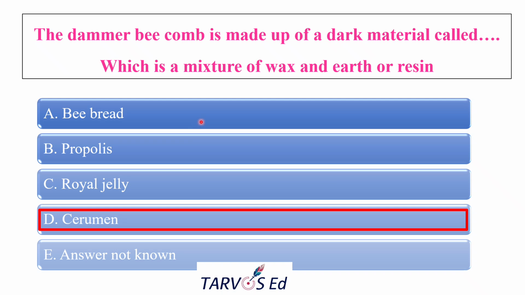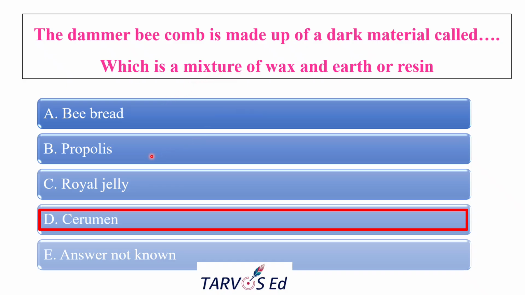Why are the others wrong? Bee bread is fermented pollen stored in the cells, pollen plus nectar or honey. That is a feeding material for the young ones and has no relevance to the dammer bee home material.